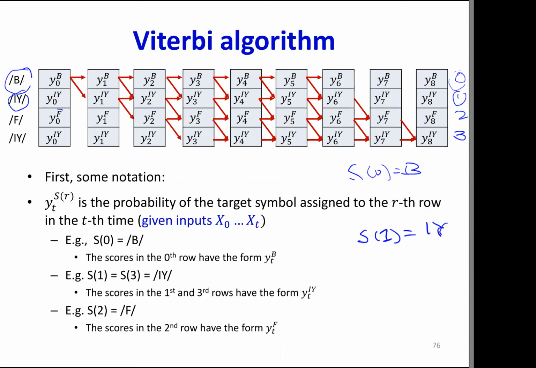So the probability at any point is going to be Y subscript T. This is the time T. And S_R is the symbol, R is the row, and S is the symbol in that row. So S over here, this guy is row number 2, and S_R is F. So is this notation making sense? Each column represents one sample from the training sequence. So is this notation making sense, guys?